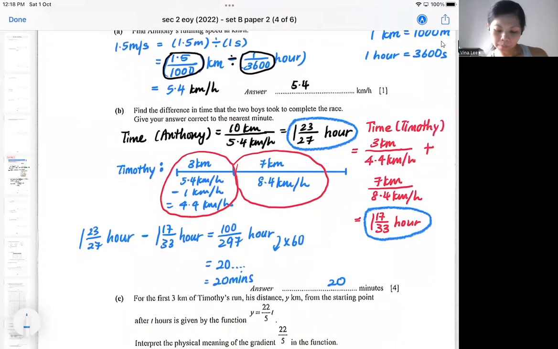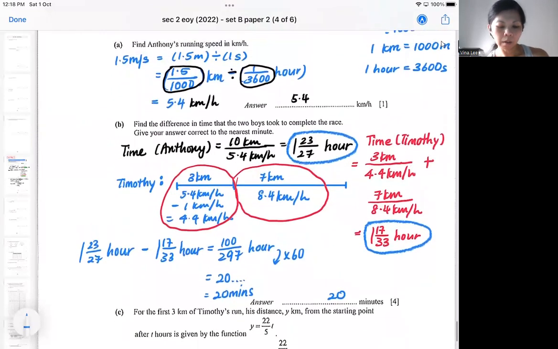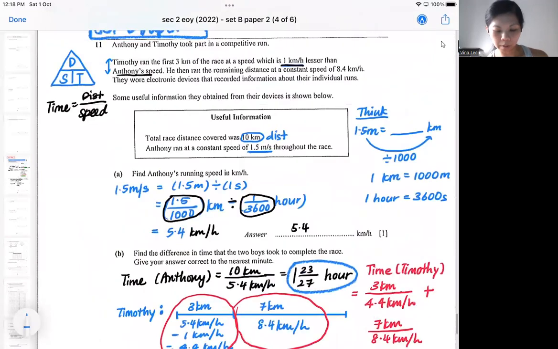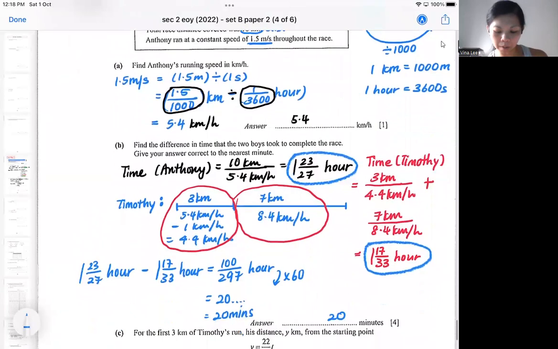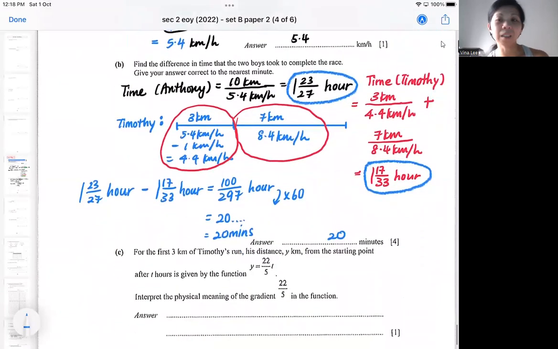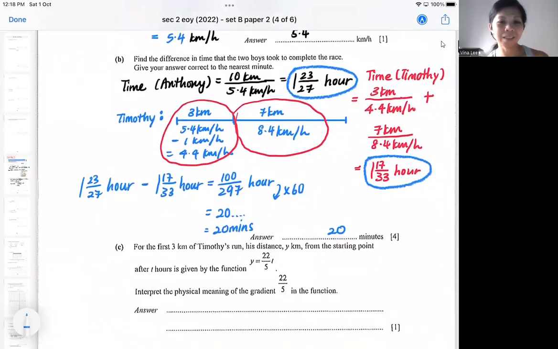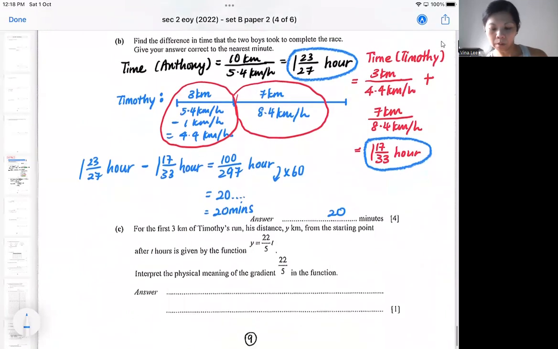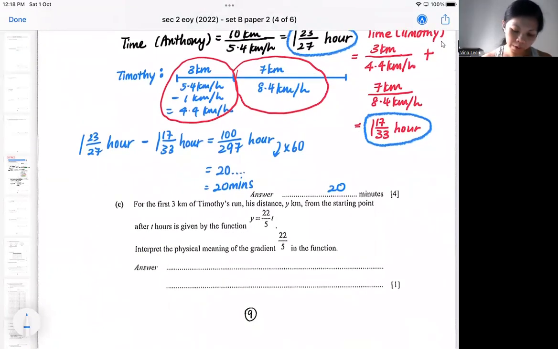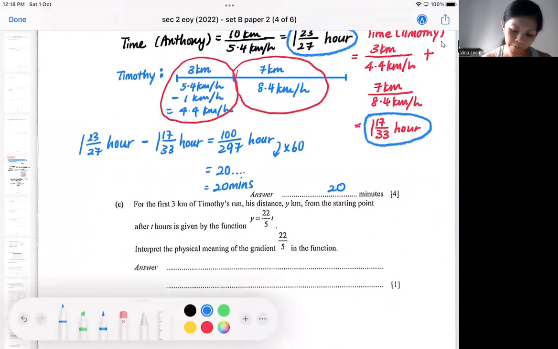A lot of people find this question difficult. Even most people who can cope with part A and part B will also find part C difficult, because part C is an interpretation. It's an interpretation of gradient. So you will need to actually understand a graph.